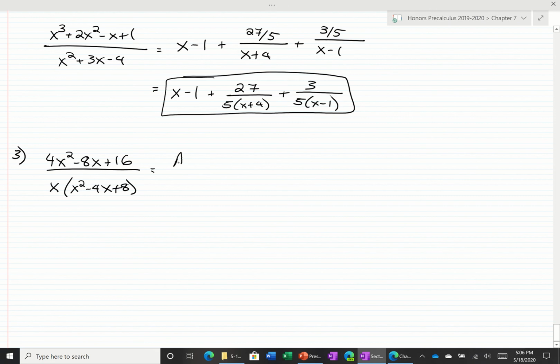So our decomposition is going to be a over x and then (bx plus c) over the quadratic.